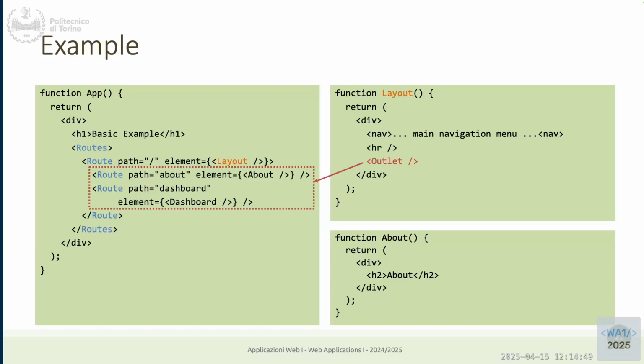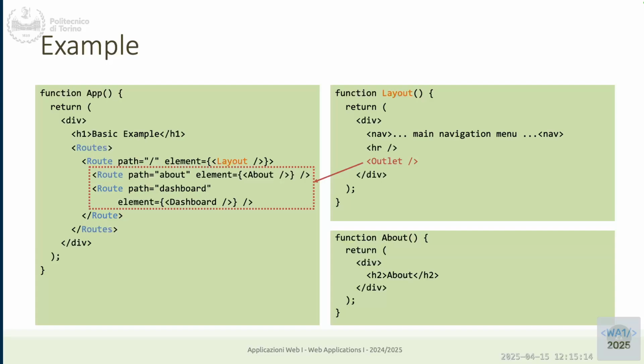And the trick is that the layout component, which is the one on the outer side of the nesting, renders what it wants, and at a given place it renders outlet. Outlet means, I don't know what to render here, let my children decide, let my sub-routes decide.